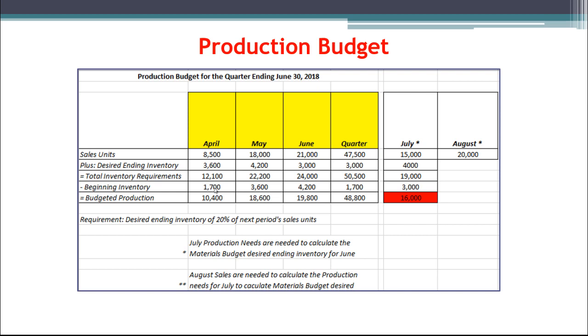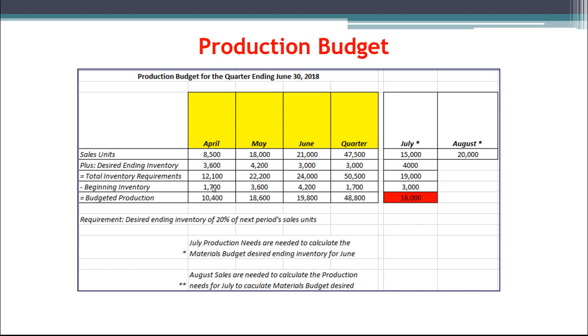But if you're ever working a problem like this, and they give you this desired ending inventory percentage, the other way to find a particular month's beginning inventory, if you can't see the prior month, is just to basically follow the same rule. What would we have done to calculate March's ending inventory? We would have taken 20% of April's sales.